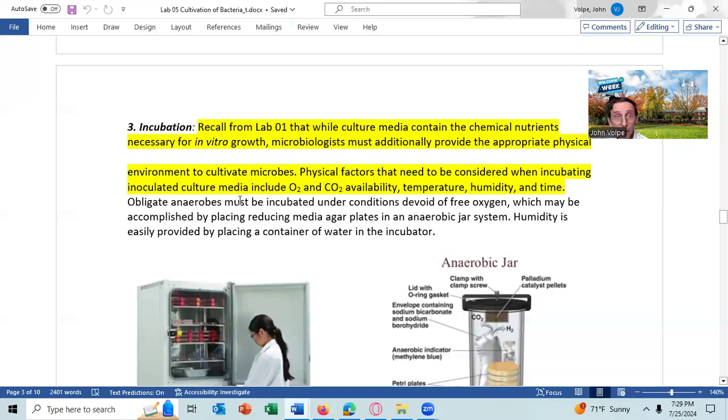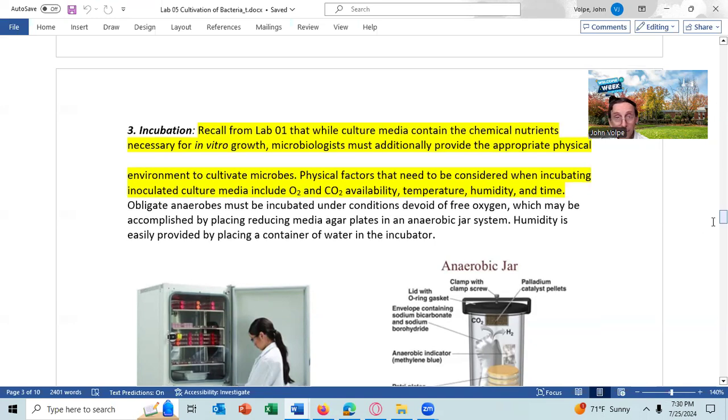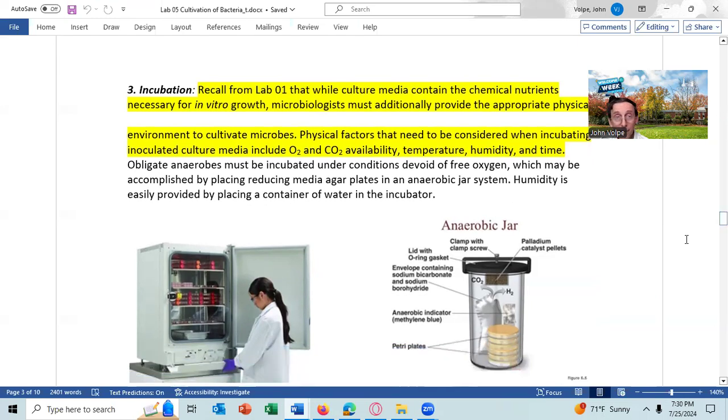And then you put it in an environment to cultivate the microbes. In our microbiology lab, we have only simple incubators that only heat the culture to a certain temperature, and they add humidity, and then you incubate it for a certain amount of time. And that's all our simple incubators do.